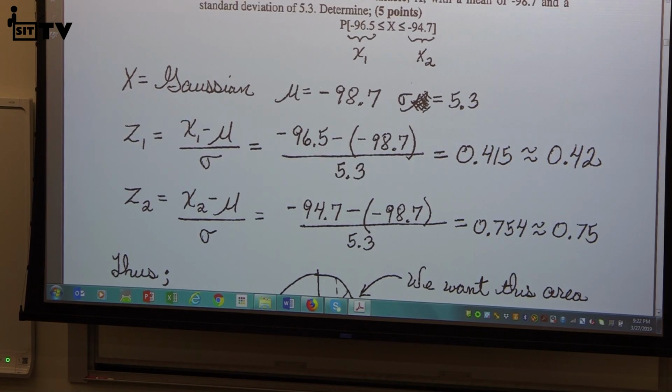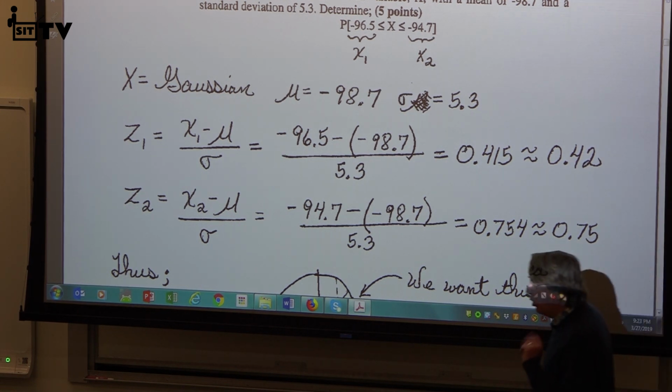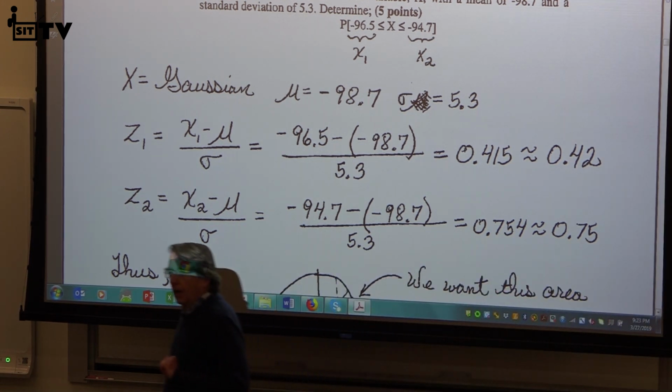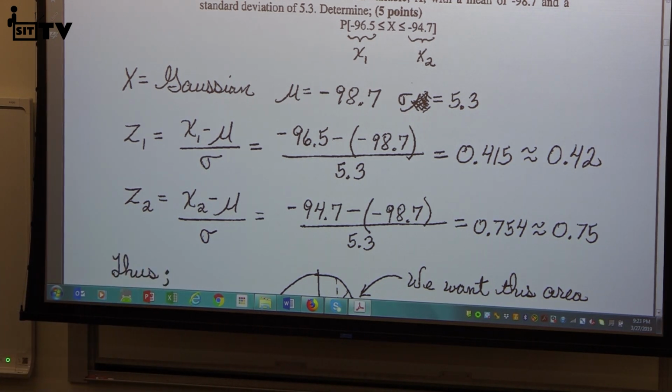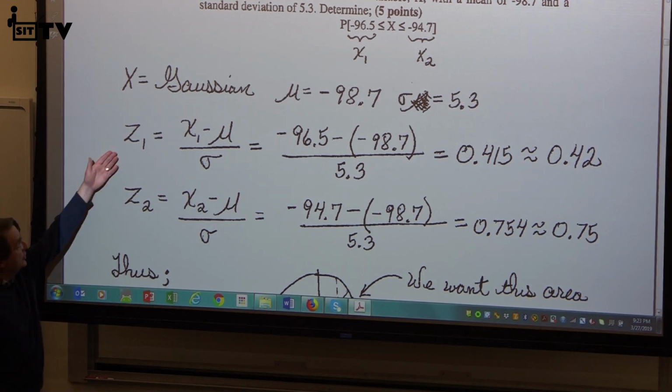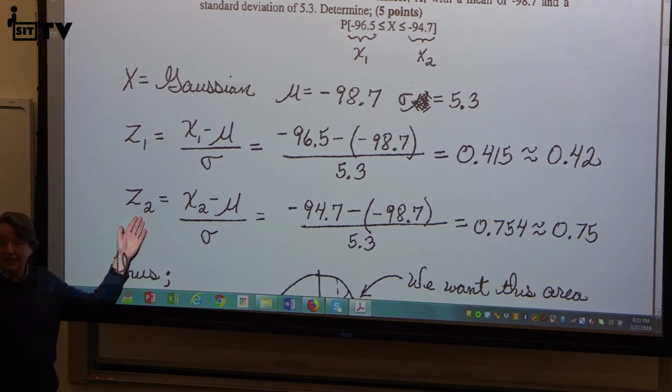Okay. Again, a Gaussian problem, just a little more challenging. Now we have an upper and a lower bound. I call the lower bound x1, and I call the upper bound x2. Once again, we're given a mean and a standard deviation. So now we can calculate z1 and z2.